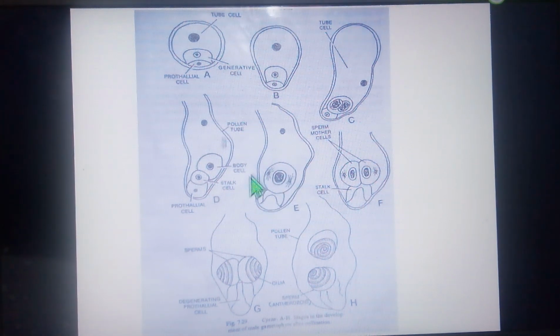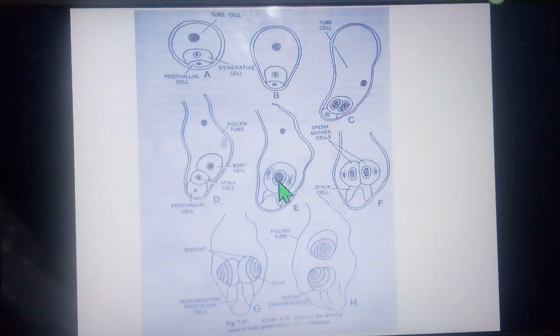Whereas the body cell, or we call it a spermatogenous cell, enlarges in size and also develops two blepharoplasts. You can see here two basal bodies, or the blepharoplasts, appear in the body cell.